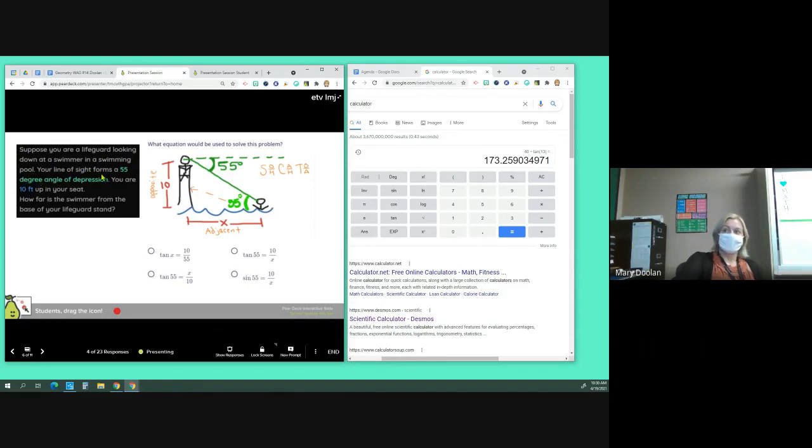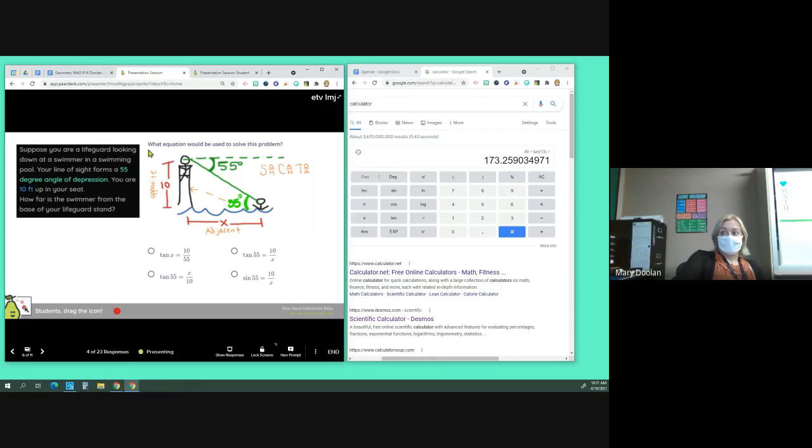Your line of sight forms a 55-degree angle of depression because you're looking down, so that's an angle of depression. You are 10 feet up in your seat. How far is the swimmer from the base of your lifeguard stand?